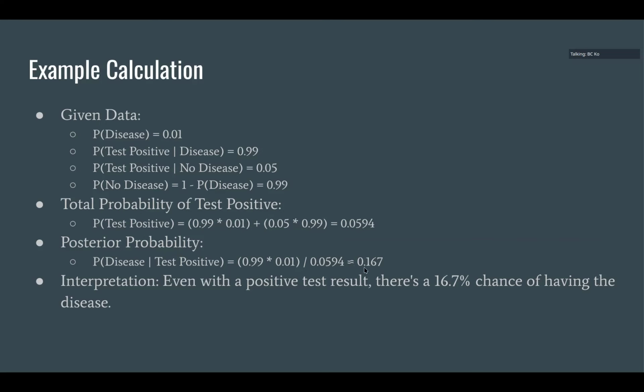This means that even with a positive test result, there is only a 16.7% chance that the person actually has the disease. And this example shows the importance of considering both sensitivity and specificity when interpreting medical test results.